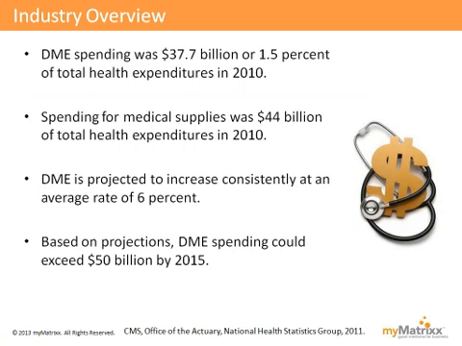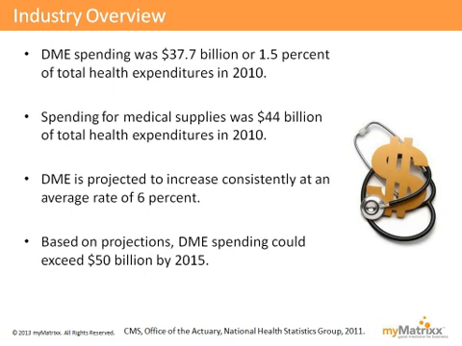Great. Thank you, Lori. What we're going to do first is give an industry overview and put DME in perspective. The first slide is information from the Centers for Medicare and Medicaid Services. DME spending in overall health expenditures was over $37.7 billion in 2010. Looking at the total picture, there is a lot of money going into durable medical equipment.